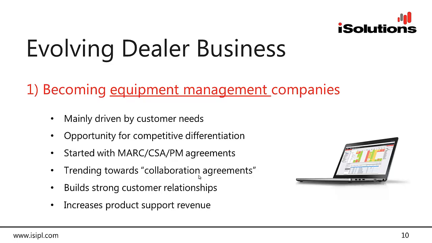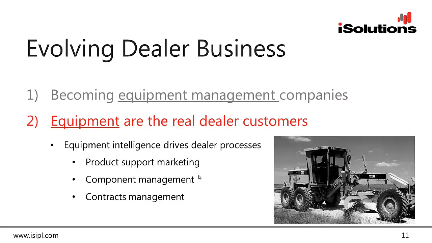So we see this trend of dealers becoming equipment management companies, and going hand in hand with that, we see that the dealers, from a business intelligence perspective, are really understanding that the equipment is actually their real customer. So that's what drives the business.